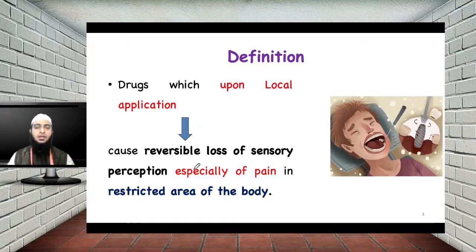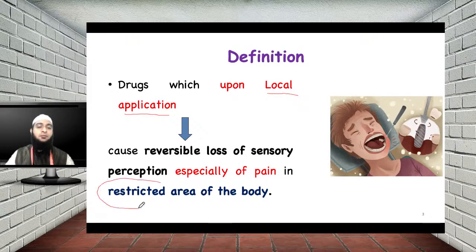So if you compare the definition of local anesthetics with general anesthetics, then there are two important things. First thing is that the local anesthetic you have applied locally. The application of local anesthetics is at a particular area, so we call it local application, and it causes reversible loss of sensory perception, especially of the pain, in a restricted area of the body.